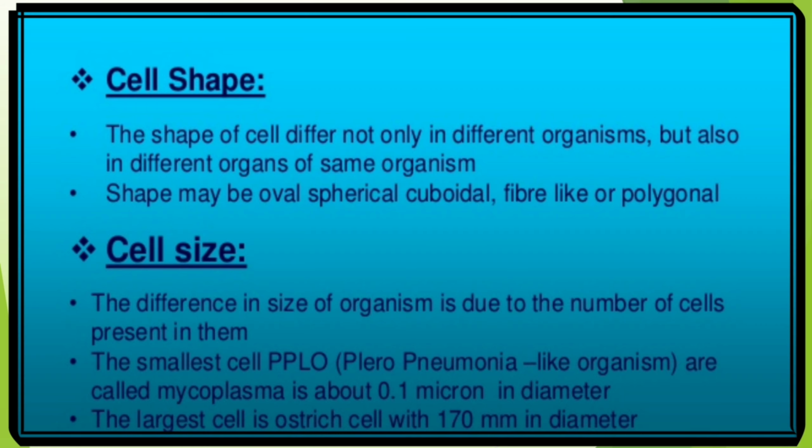Blood cell size is different, white blood cell is also different, nerve cell size is different. Here, the smallest cell is pleuropneumonia-like organism, whose size is nearly 0.1 micron. Students, 0.1 micron is very small. If you want to see it, you have to use a microscope or an electron microscope. You cannot see it with your naked eye.